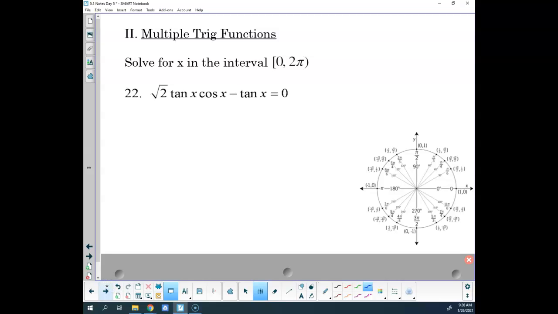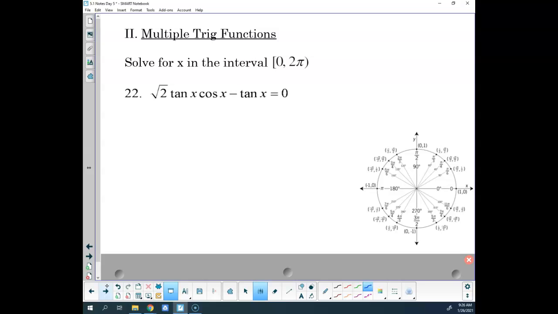So, we want to solve for x on the interval 0 included, 2 pi excluded, which, if you think about the unit circle, is the first lap of our unit circle. So we include 0, but we don't include 2 pi because we've already got 0.